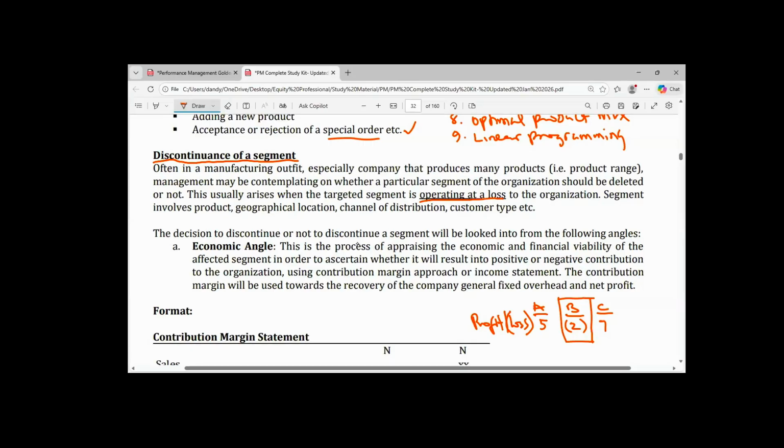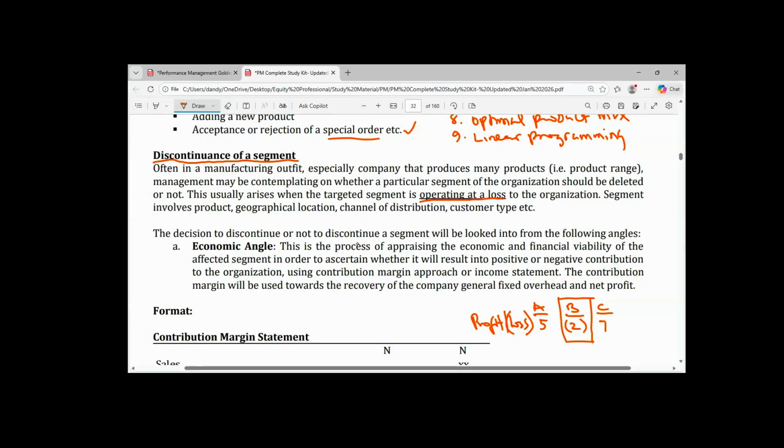So once you are given a question, and an examiner is asking you to advise the company whether they should shut down or discontinue or delete or drop the sale of the product, then you should know that this relates to deleting of a segment. It is only when a product is making a loss that management will be contemplating on deleting the product or the segment. I believe this is very clear.